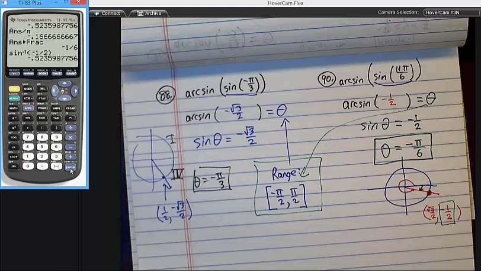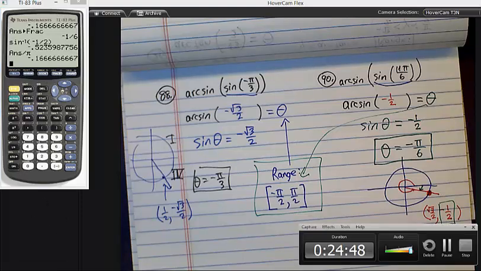How do I know if that's negative pi over 6? Well, I could divide by pi. That might help. Yeah, it's negative pi over 6. It'll never spit out anything else, even though there's lots of angles, because when we say arcsine, we make it a specific range so you only get one answer. Does that help? Okay.